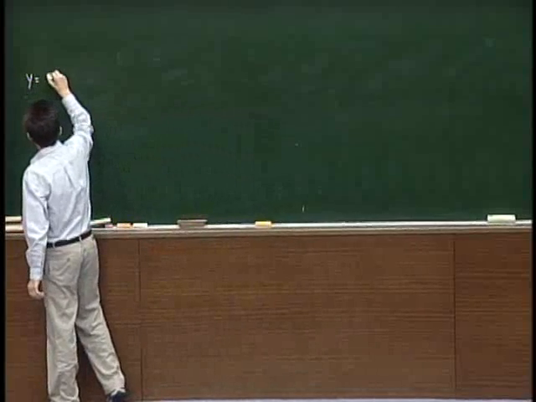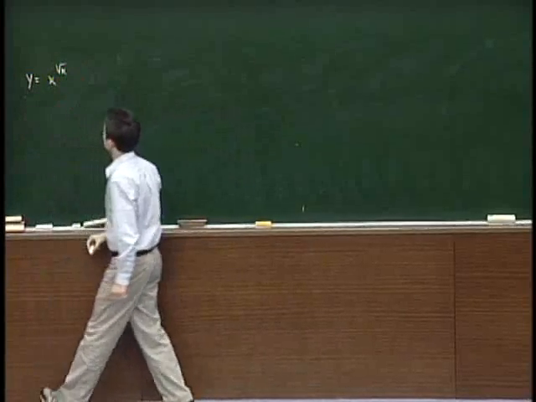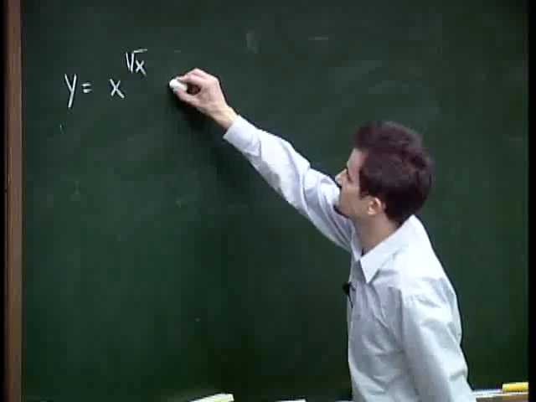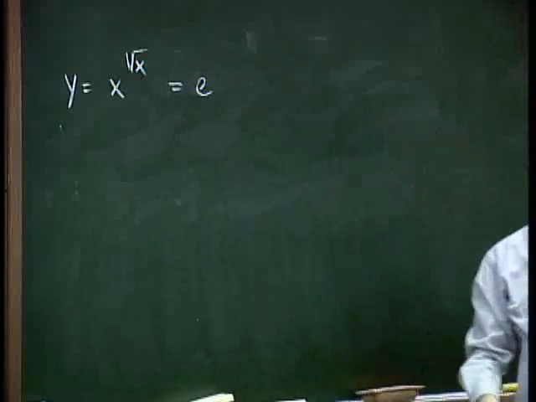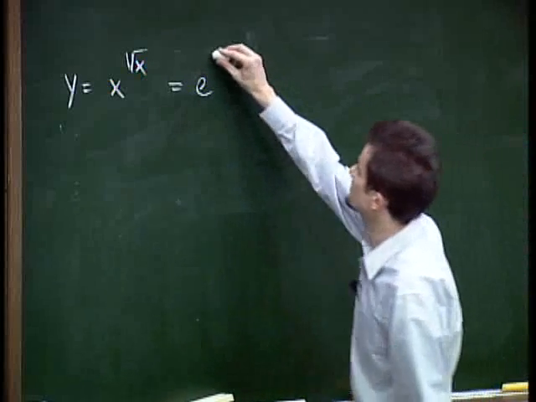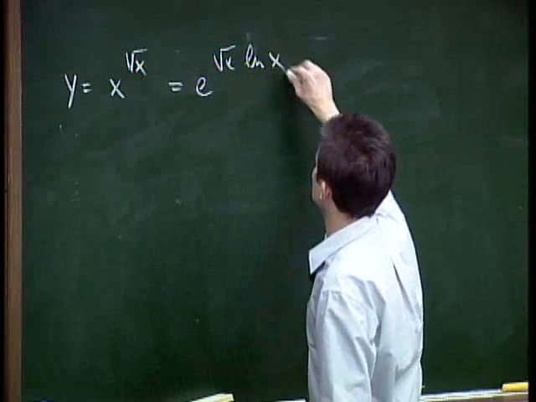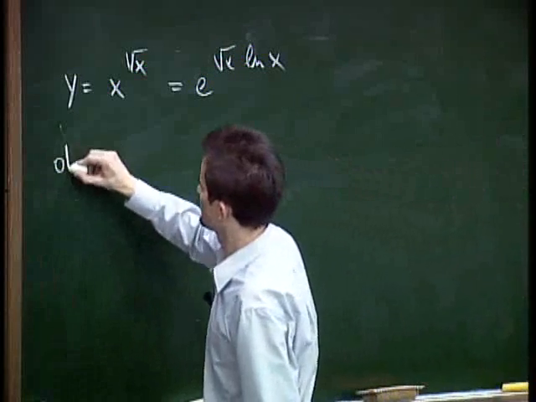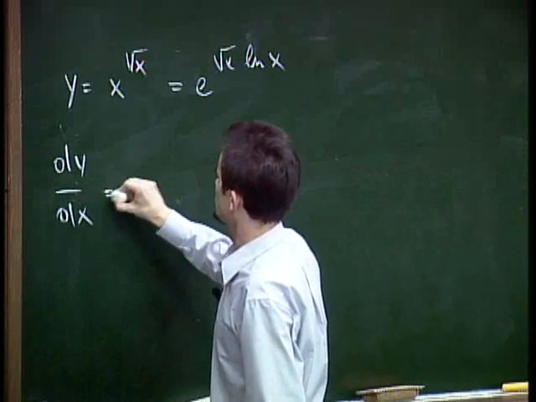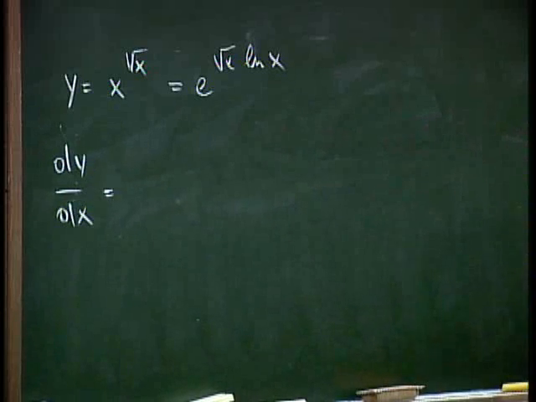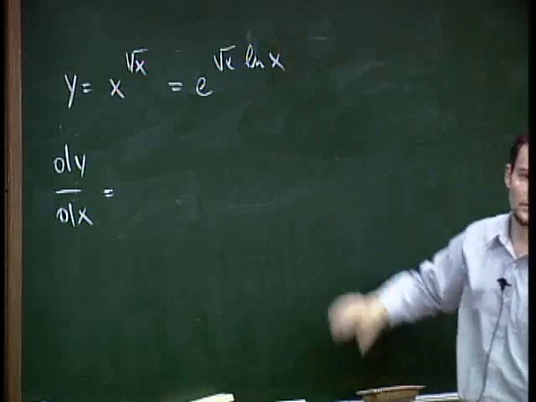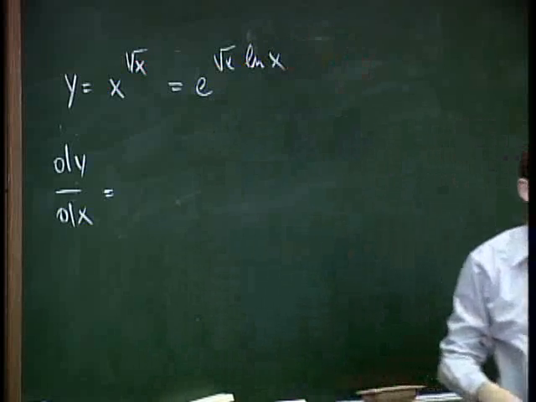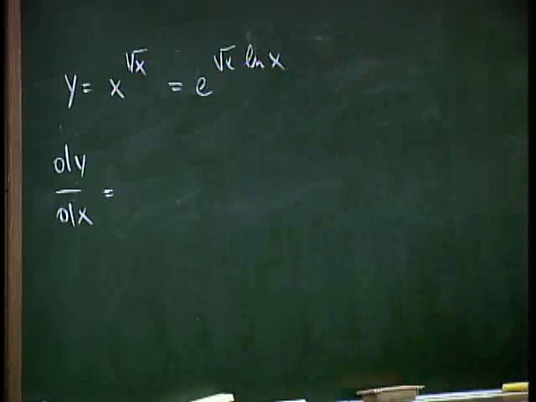So, for instance, if you are asked to find the derivative of this function here, now the trick is to rewrite this in terms of exponential function of logarithms. So you see this is e to the square root of x ln of x. And now you can find the derivative. So dy over dx is equal to, so you have to use the chain rule here. If you look at it, e to the something is the outer function, the derivative is just the function itself.